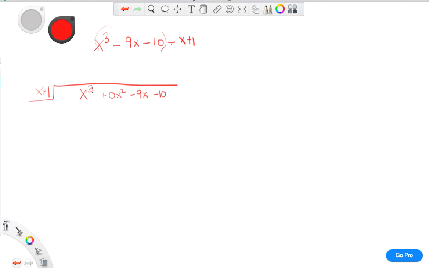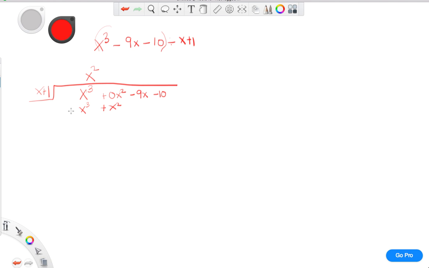Alright, so here's what we're going to do. In order to match x cubed to that, we are going to multiply by x squared, right? So let's distribute x squared to x plus 1. So x squared times x is going to be x cubed. X squared times 1 will be plus x squared. But here's the thing.